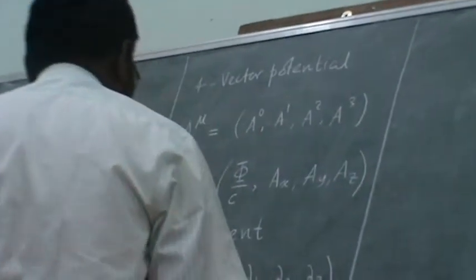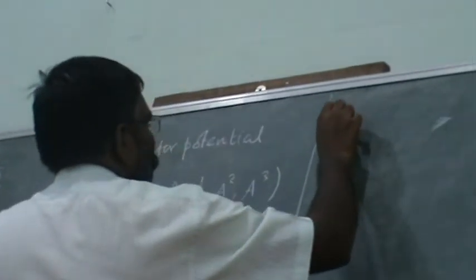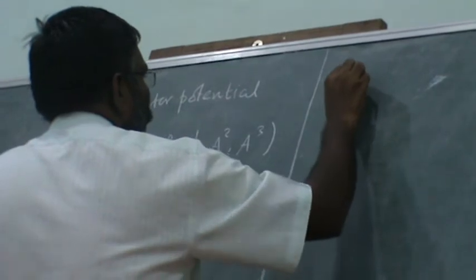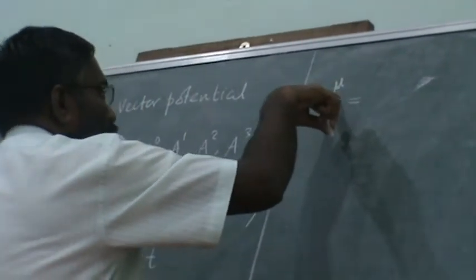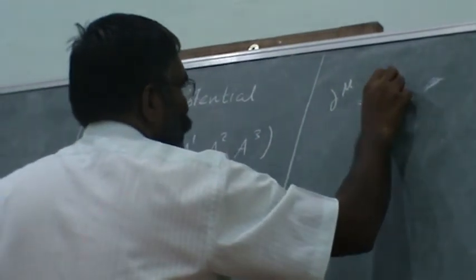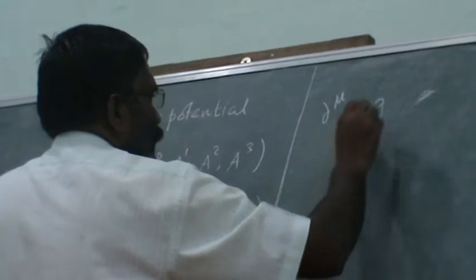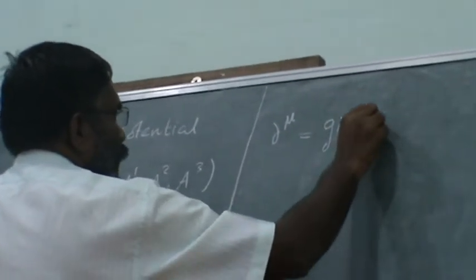That means if I want to have dou^μ, that is the contravariant derivative, then I will get that by writing g^{μν} dou_ν.